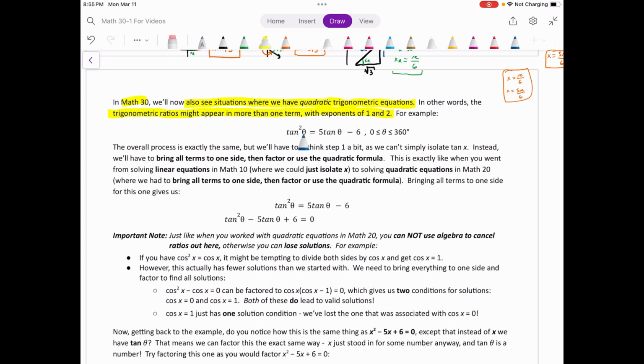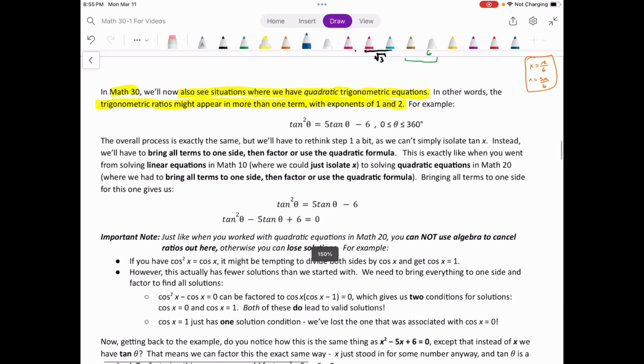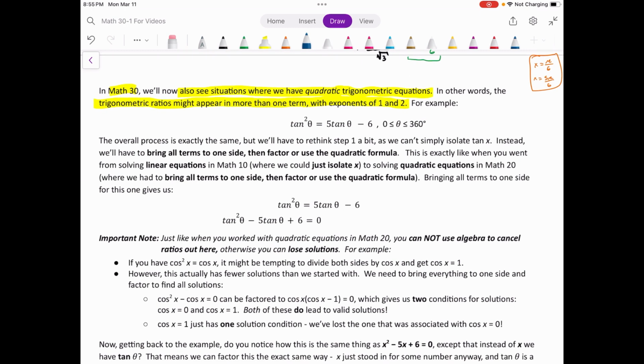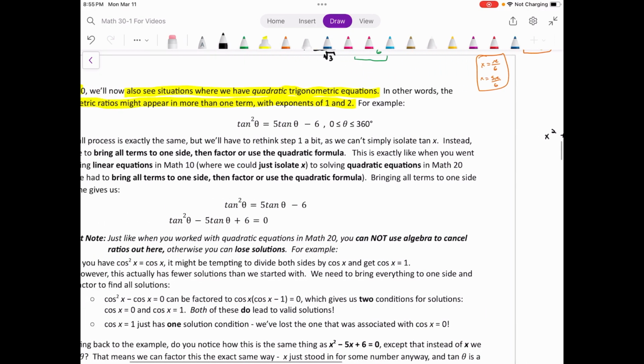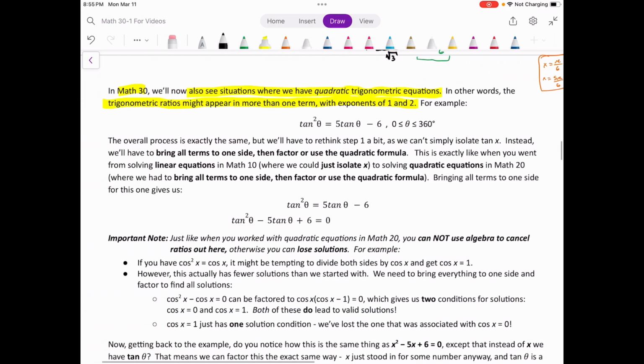So it's not a situation where we can just have tan theta equals stuff. We've got a tan squared and a tan, right? Just like in Math 20, where you had x squared plus 5x equals 6. There's nothing you can do to just get x by itself anymore because there's two terms where x appears and it has a different power in each.